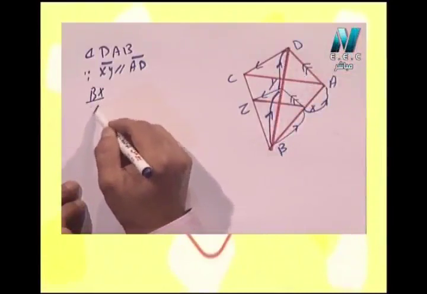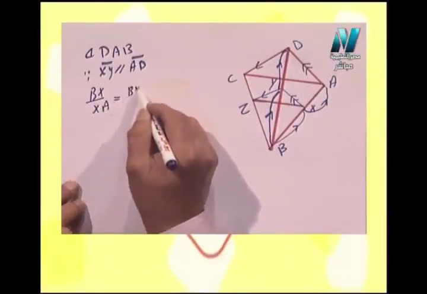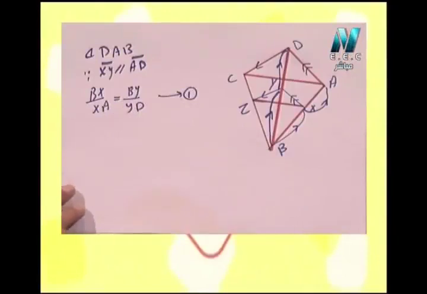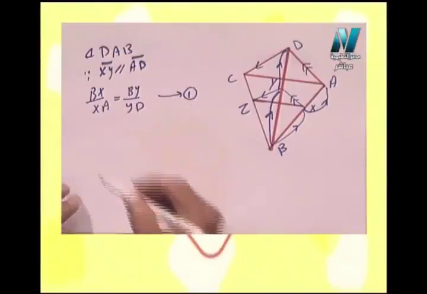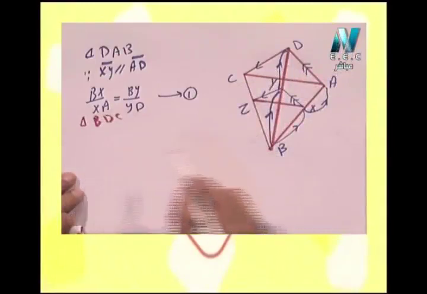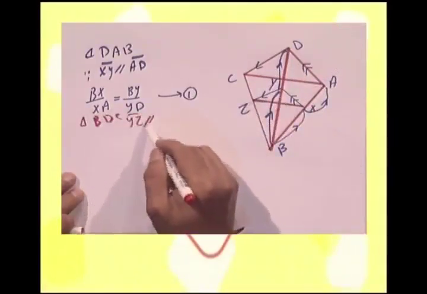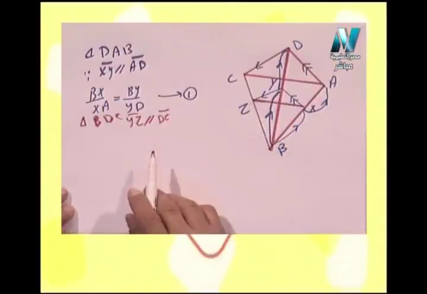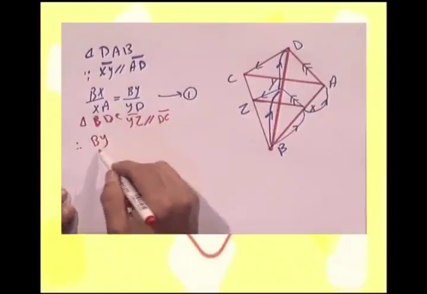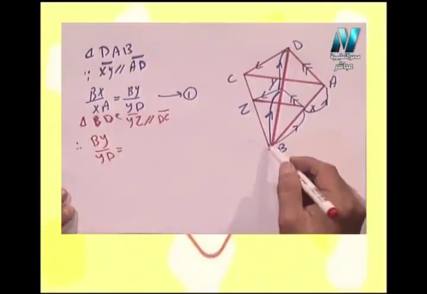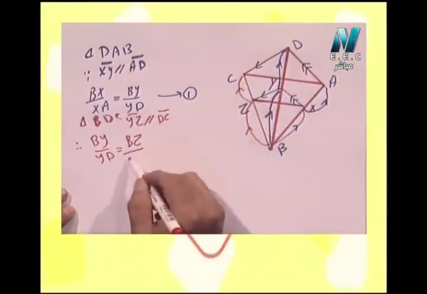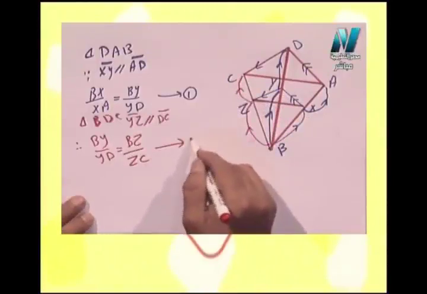This is one proportion, and we can deduce also from the triangle BDC, we have YZ parallel to DC, so BY over YD will be equal to BZ over ZC. We can call it equation number 2.